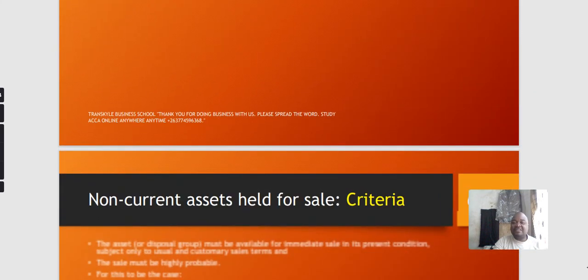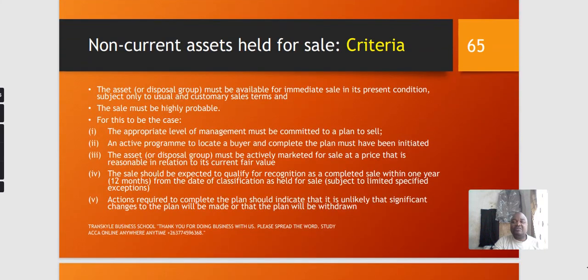Okay, now let us see what are the criteria to be used for us to say the asset can now be classified as non-current asset held for sale.